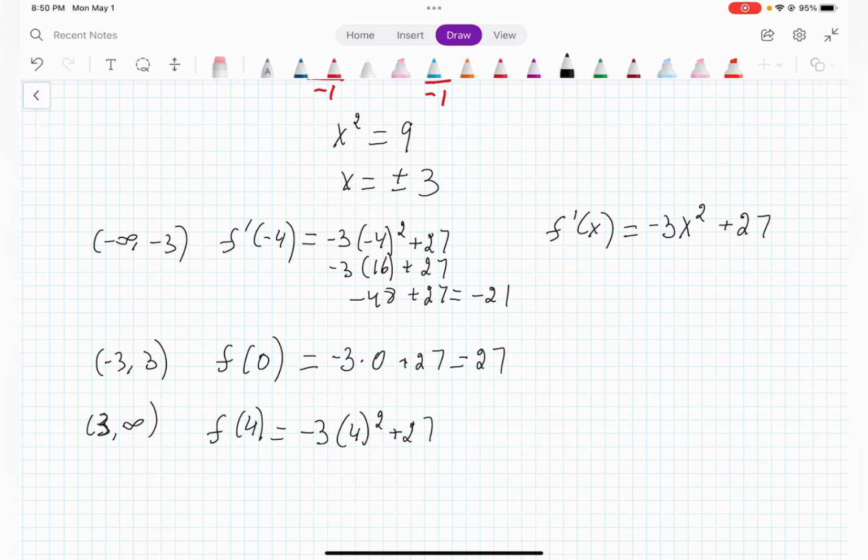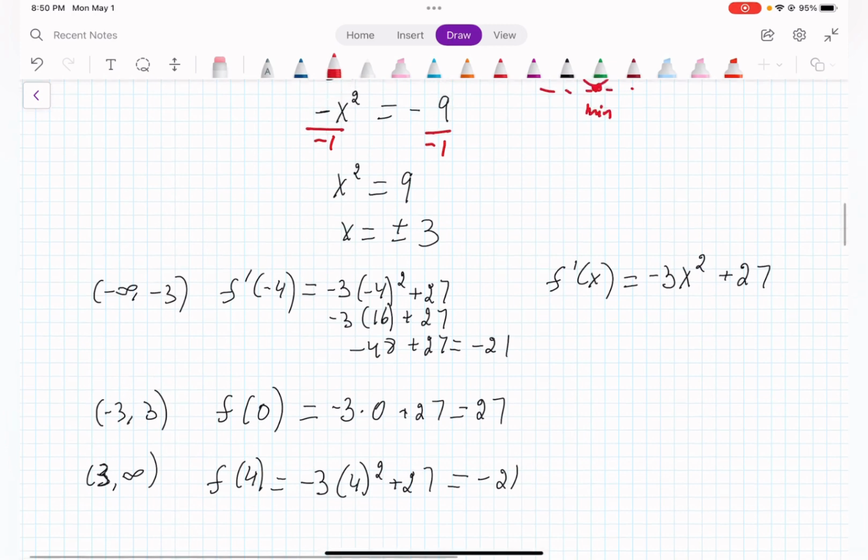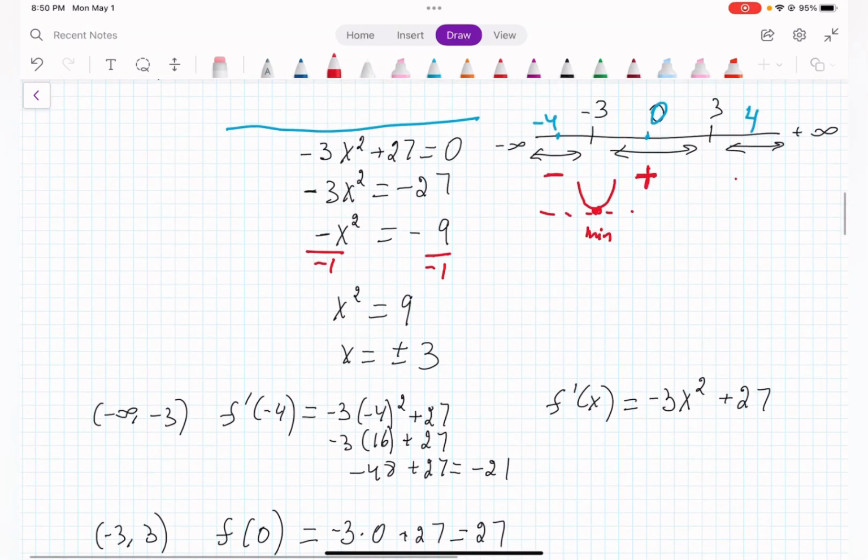It's going to be the same -21, right? Because we are squaring, so it doesn't matter -4 or +4. So which means we are getting negative here. So look on this side, we are going from positive to negative. So +3 is going to be relative maximum.